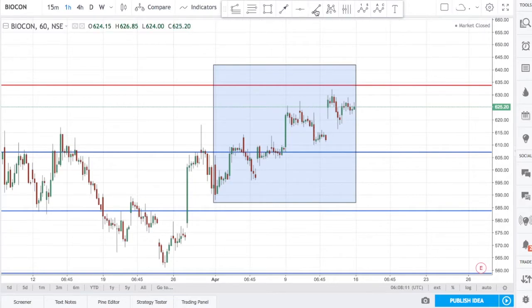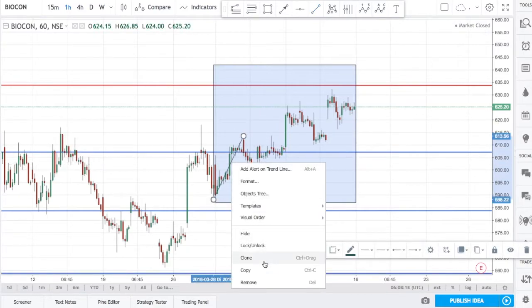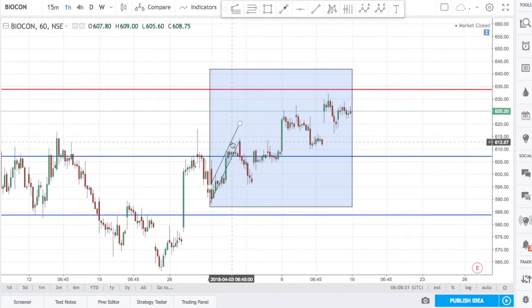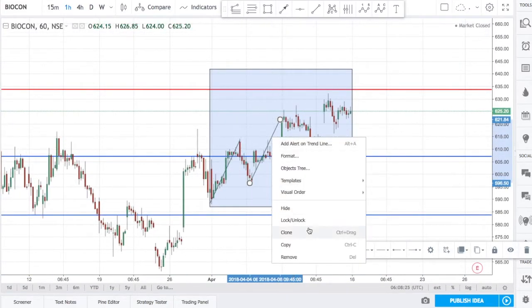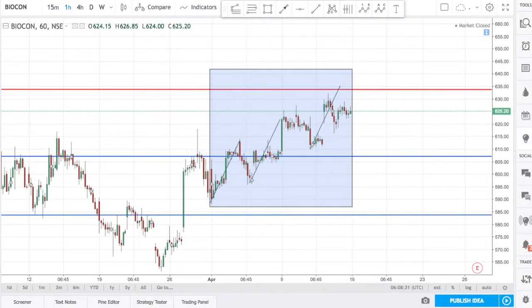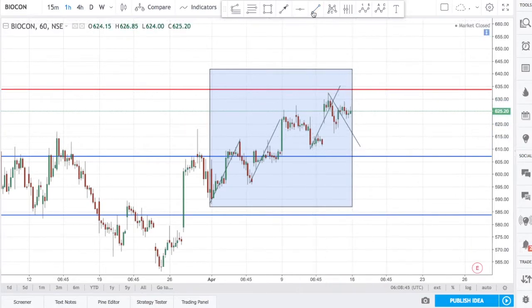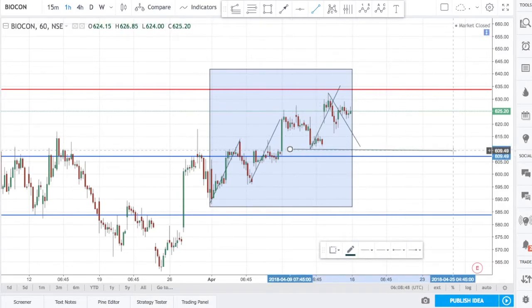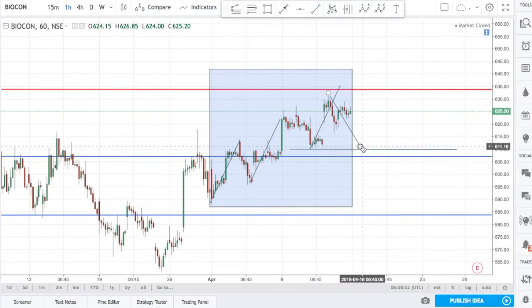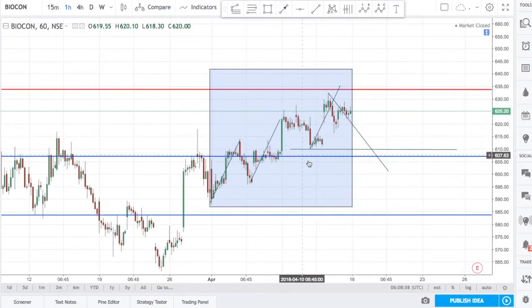Once again, in most cases, when we have 3 such harmonic moves, there is a very good possibility this retracement move here would break below the most recent lower high.